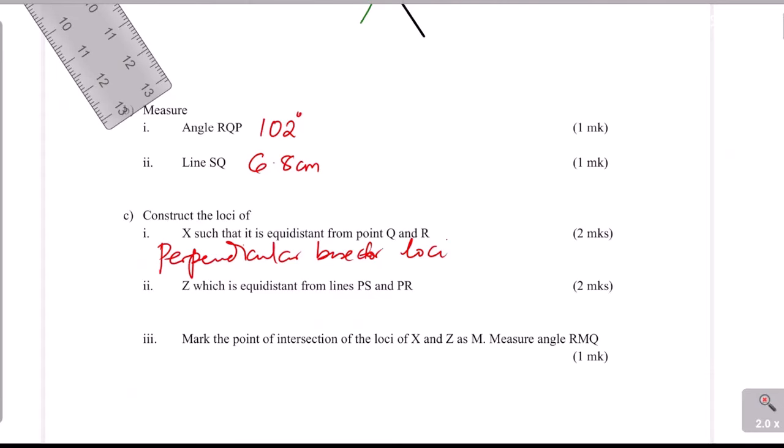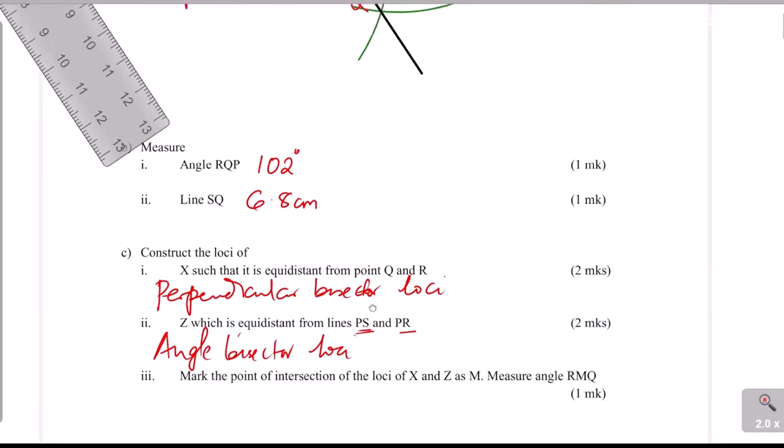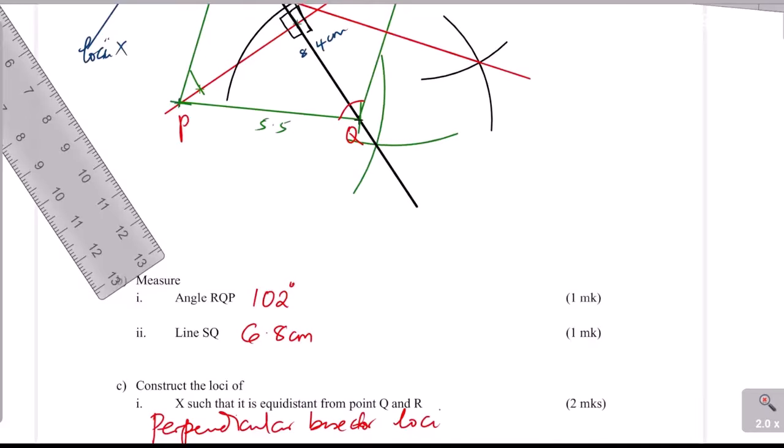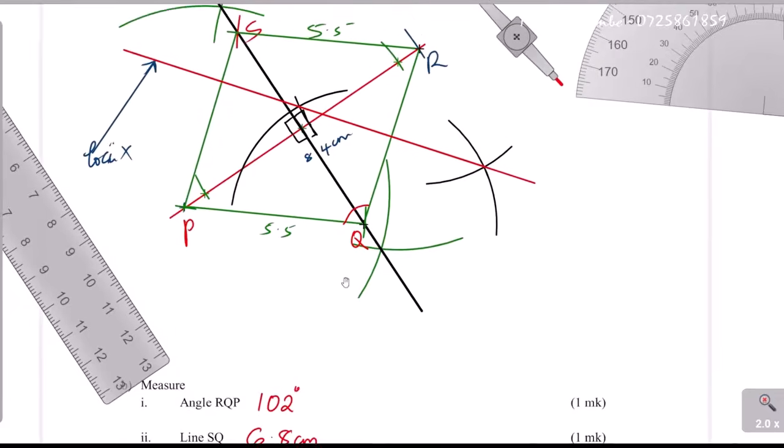Which type of loci is that? That is the angle bisector loci, meaning you're going to bisect the angle between these two lines, PS and PR.